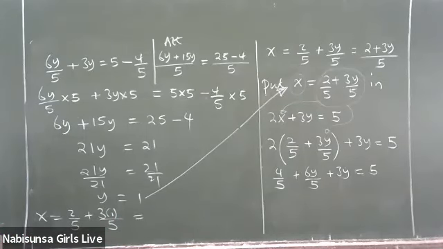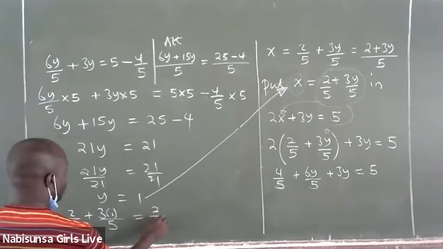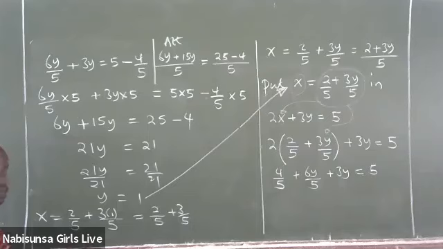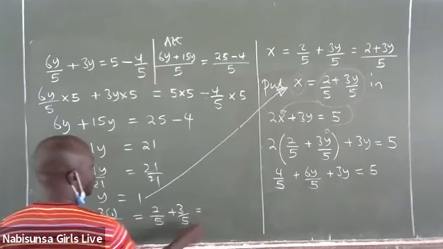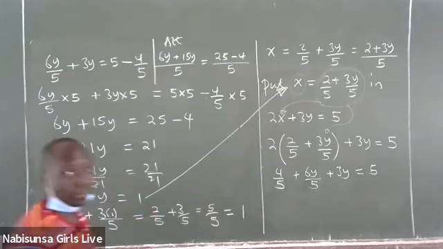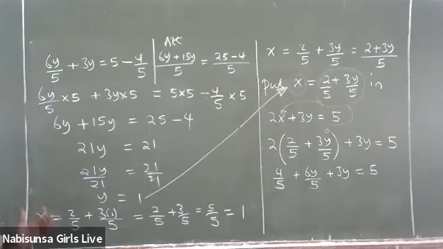Then when you add these, they will give you 5 over 5, which is 1. So you have y as 1 and you have x as 1. So that's why we use the method of substitution to solve simultaneous equations.